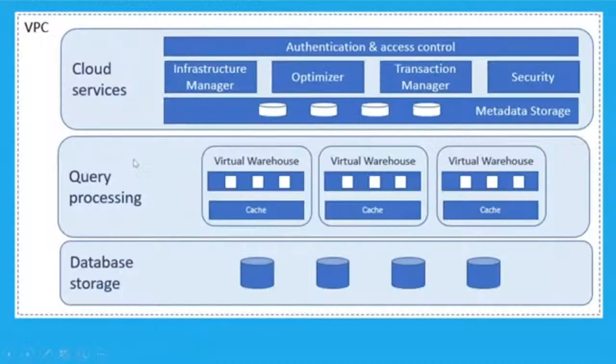See, this query processing layer is a virtual warehouse, which is a compute layer, and these are hardware resources for your Snowflake. They are required to process all your requests in Snowflake.